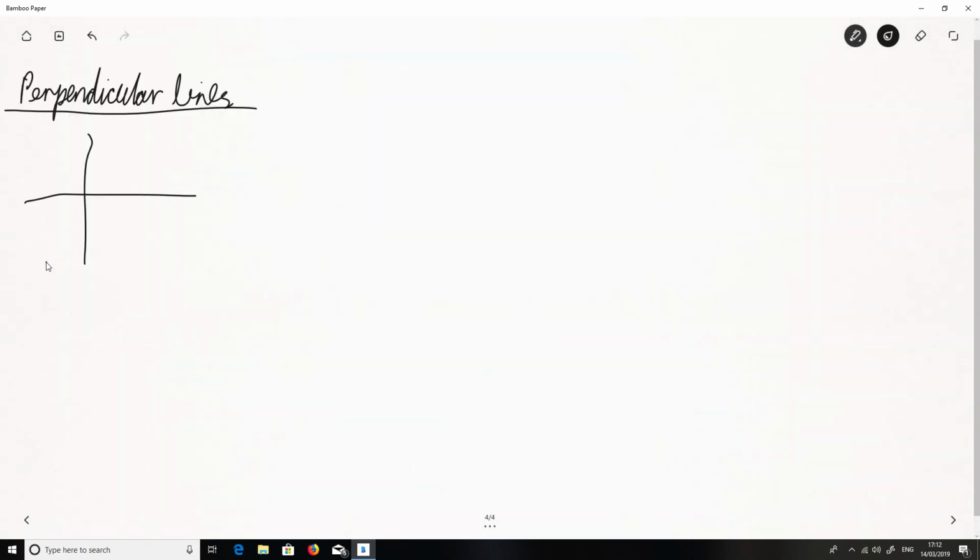Okay, so two perpendicular lines we're going to have. One like this, which has the equation y equals 3x minus 1. And we're going to have another one which goes like this through it. Now, we know that this angle here is 90 degrees because it's perpendicular.